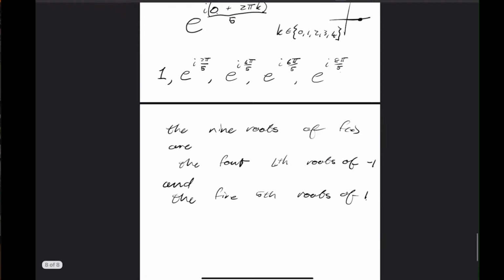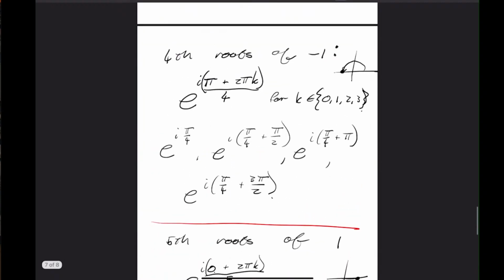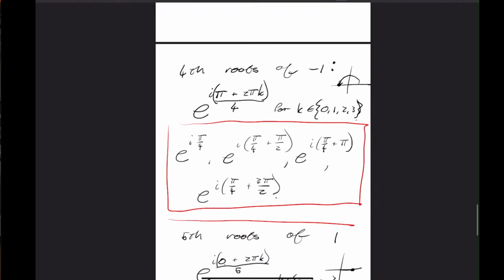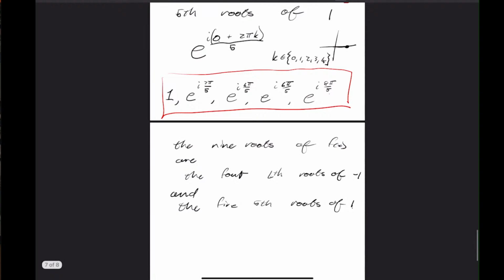And here we have written out the 5 fifth roots of 1, and here we've got the 4 fourth roots of -1. And those are the 9 roots of f of x.